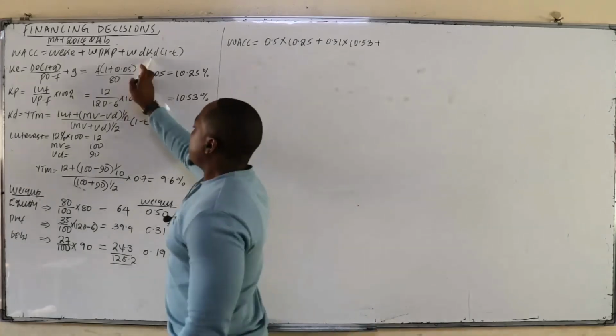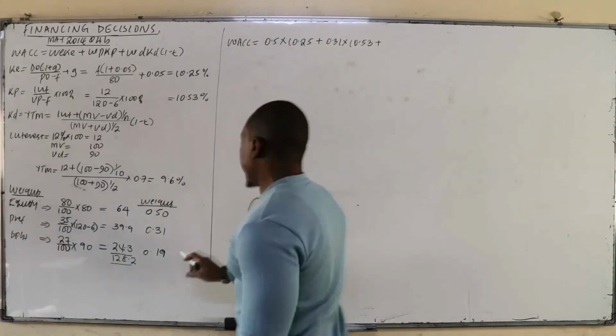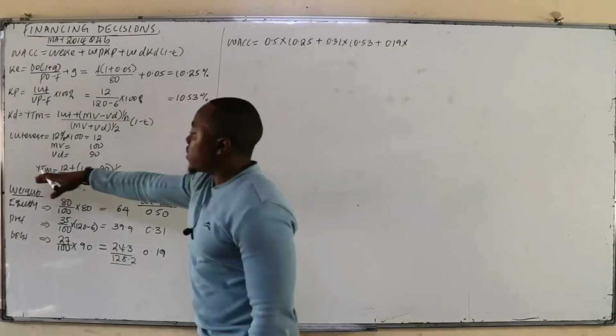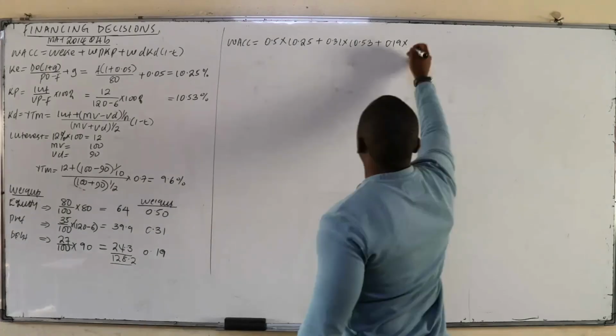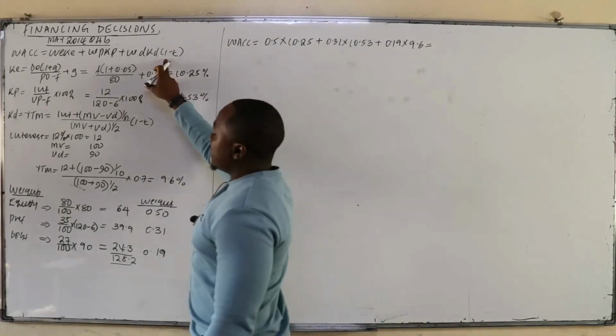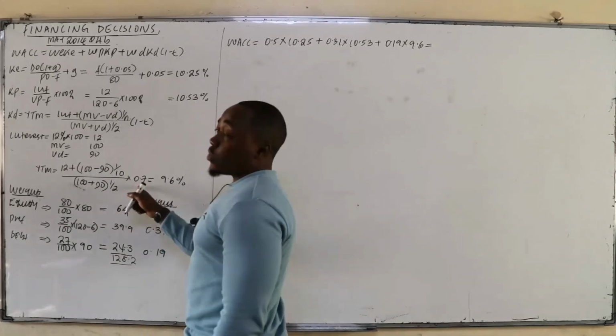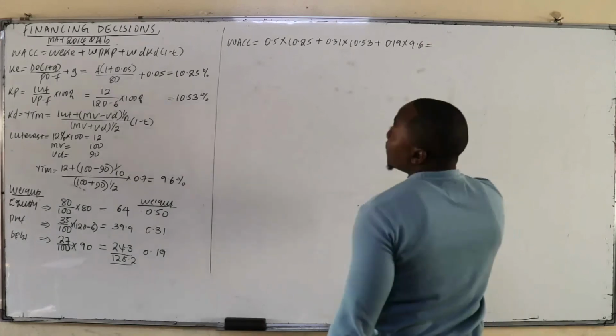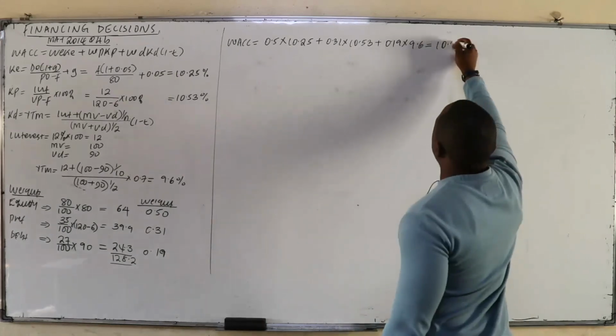Weight of the debt times cost of the debt. So the weight of the debt we have is 0.19 times the cost of the debt. Now the cost of the debt, yield to maturity, was 9.6. Then 1 minus t. But in this case, the 9.6 was already net of tax. So don't factor in the tax again. So what do you get? 10.1.